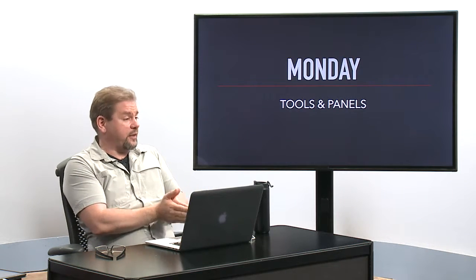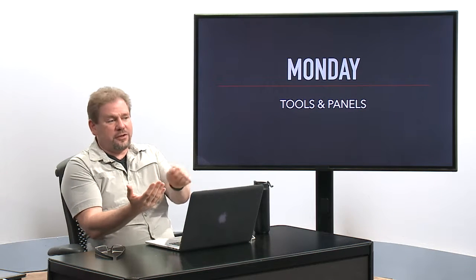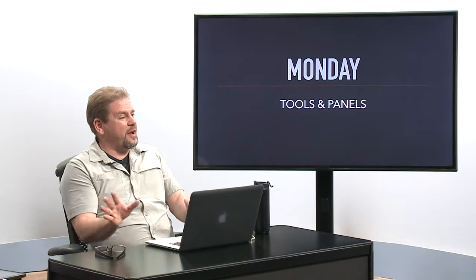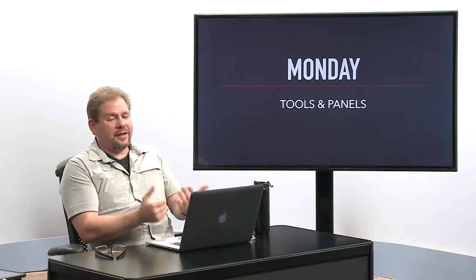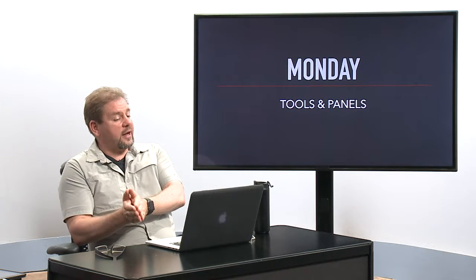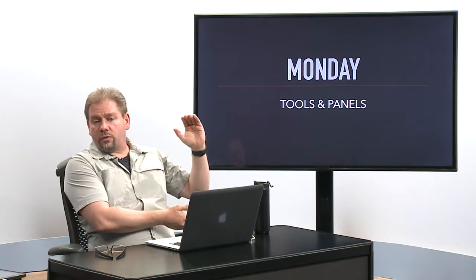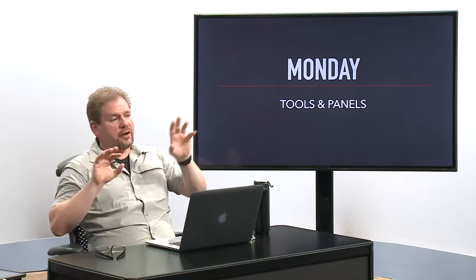Had I started with that, we wouldn't have known how to use a layer mask yet. So when I end up using a tool, I'd have to stay away from the fancy features in Photoshop and only stay with the most basic. But since now we've gotten through enough features, I think it's a good time where on Monday we can tour a good number of the tools that are in Photoshop and look at all those panels that fill up your screen.